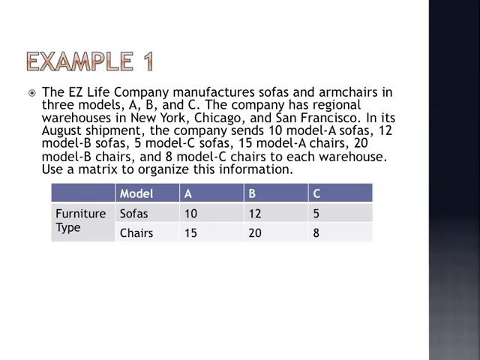So here we're not doing anything other than trying to put this into a matrix form. We'll see later on in our last example how we can use matrix form to help us do calculations more easily. So we'll call this a matrix M, and we can simply use the chart and say we'll let each row represent the type of furniture, so sofas versus chairs, and each column will represent a model type.